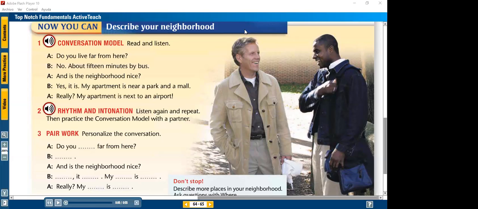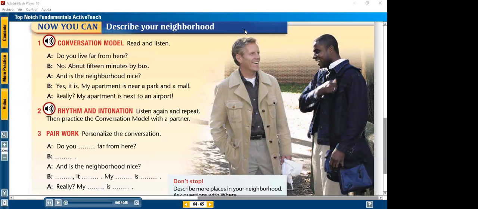Yeah, and I say, for example, here, really, lo último que tengo que decir es really. My apartment is next to the, let me check, it's next to the bank, for example. Okay, so let's practice it again. A ver, practiquémoslo de nuevo para escucharte bien, okay?